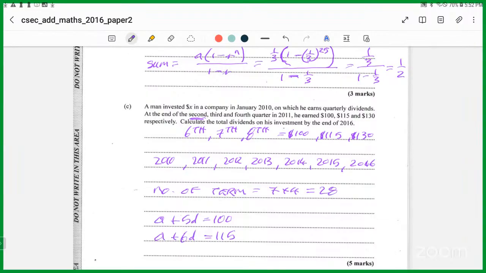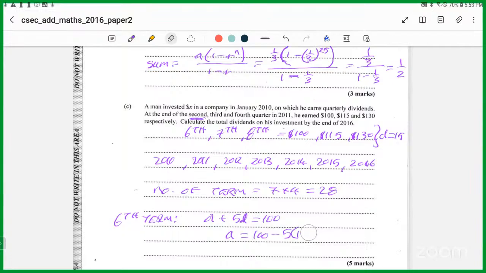The d is 15 clearly, from here to here to here. So we can write that d equals 15. The 6th term is a plus 5d, which is 100. So a is 100 minus 5 times d, and d is 15.